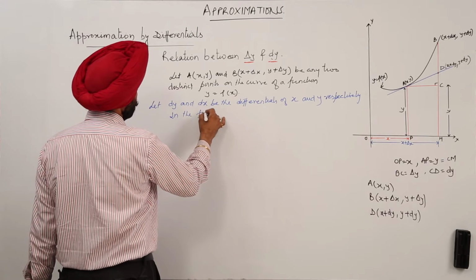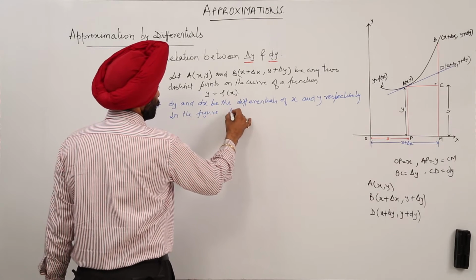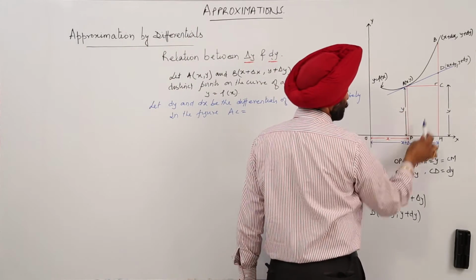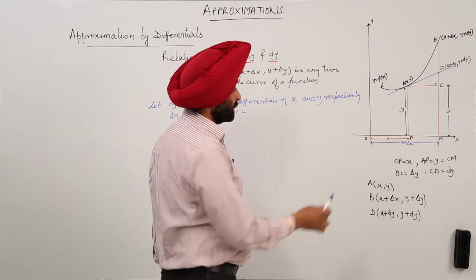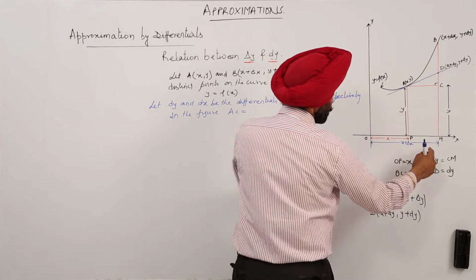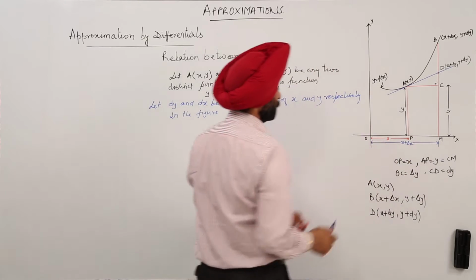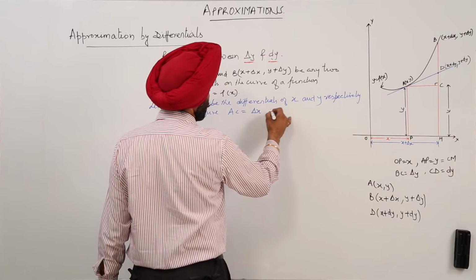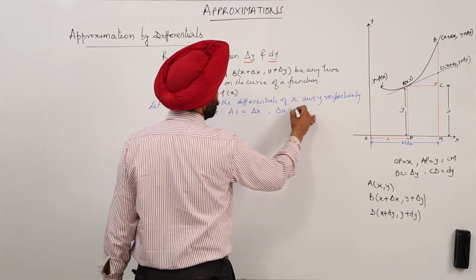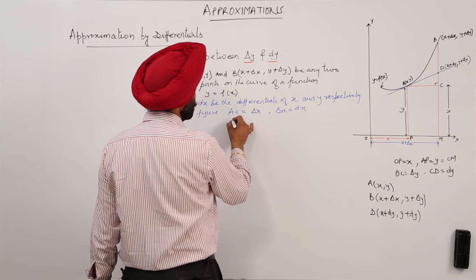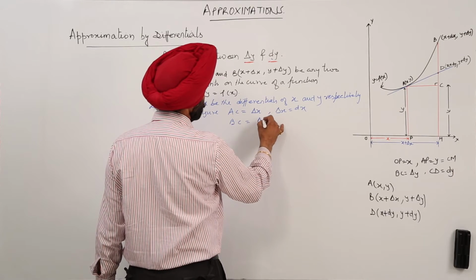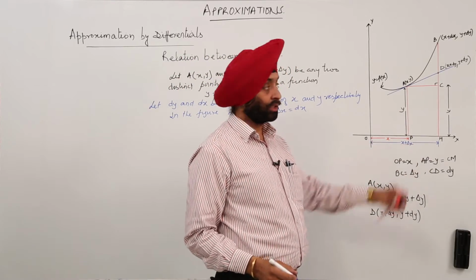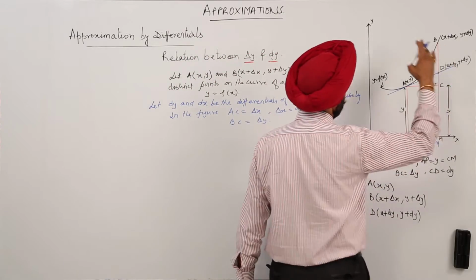In the figure, AC is equal to, now what AC is? I told you AC or PM one and the same thing. AC is what? This distance. It is this one minus this one. Okay. So AC is equal to delta x, and we can write delta x is equal to dx, and BC is equal to delta y. We have mentioned here BC is equal to delta y and CD is equal to dy. You can check from here also.